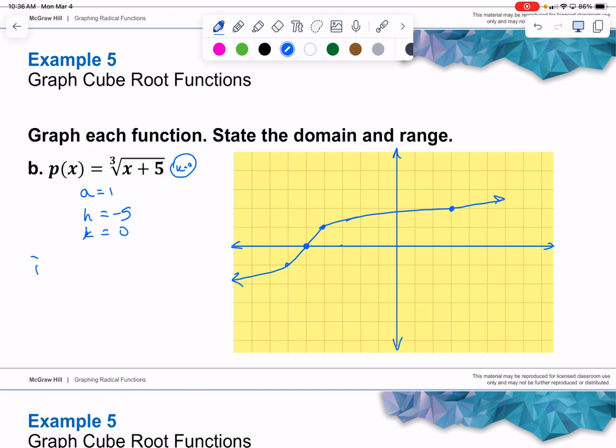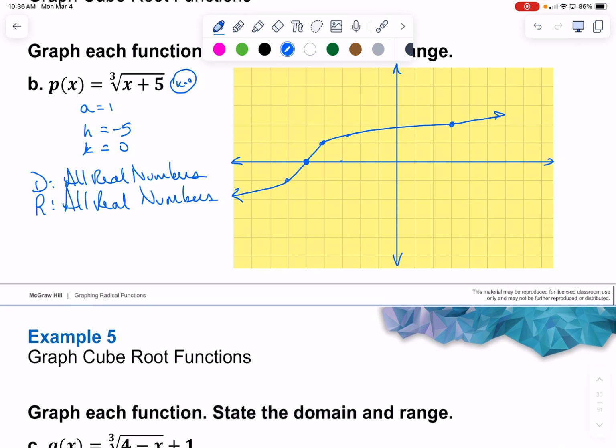Okay, so what is my domain? What is my range? All real numbers. So these odd-powered roots are nice. All real numbers, nothing crazy about it. Okay?